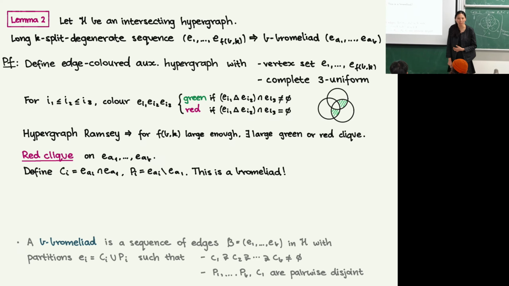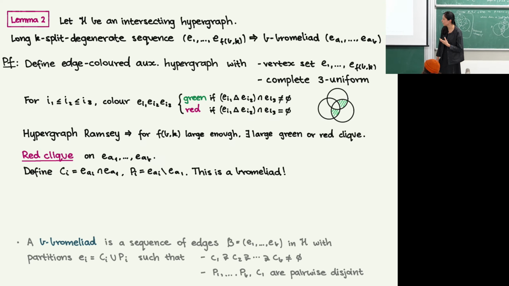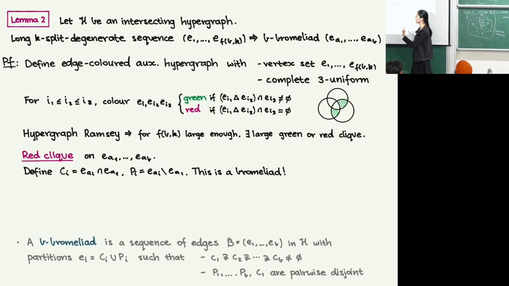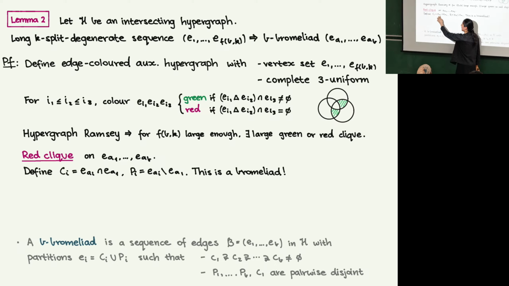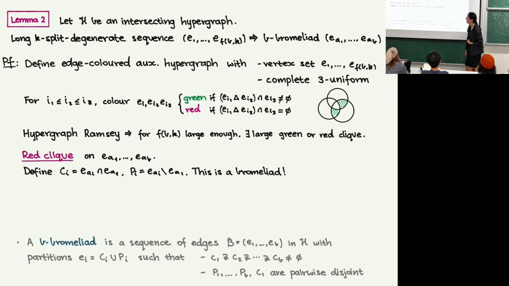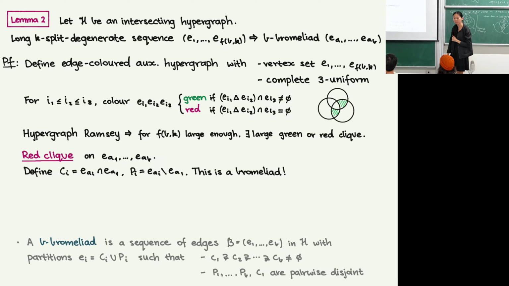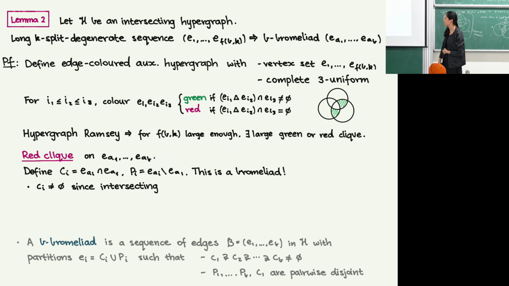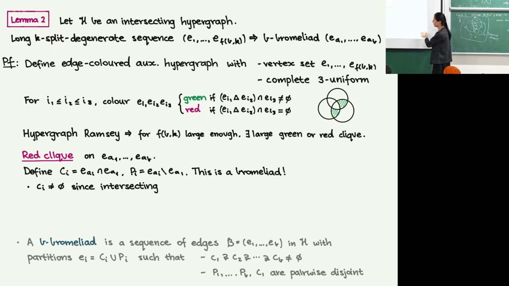So as I mentioned, if we assume the P1 is empty, then we basically have the bromeliad uniquely defined already. So we just let the core be EA1 intersect, EAI intersect EA1. And the petals is just everything else, so EAI throw away EA1. And we can quite easily check that all the parts of the definitions hold.